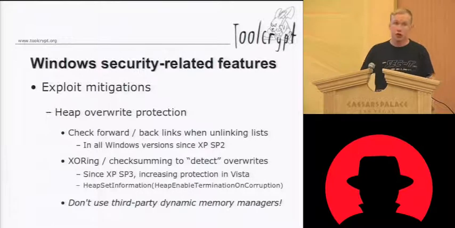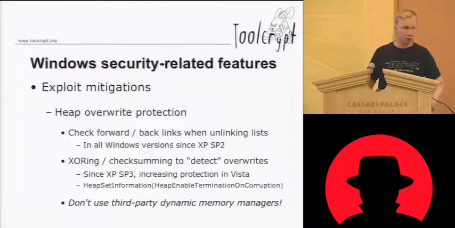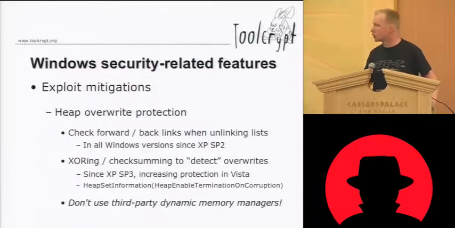And of course, don't use your own malloc. Don't use your own malloc implementation. Don't use your own heap handler, because you won't be protected by these exploit mitigations in the default Windows heap handler. So, for example, Adobe got bitten by this in Flash, I believe.